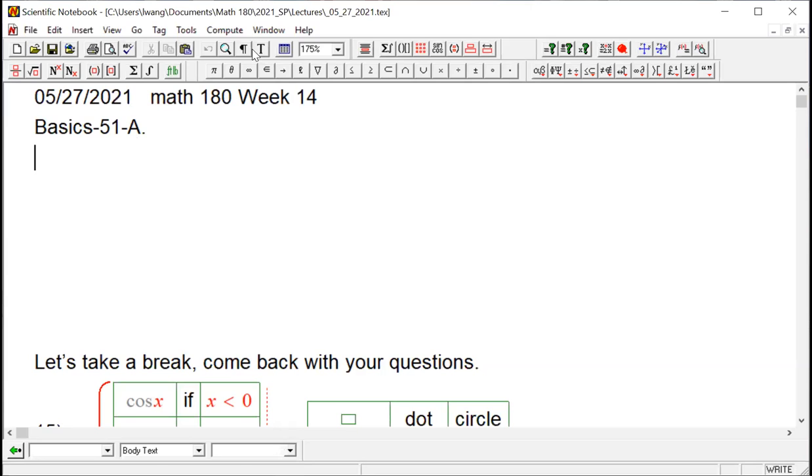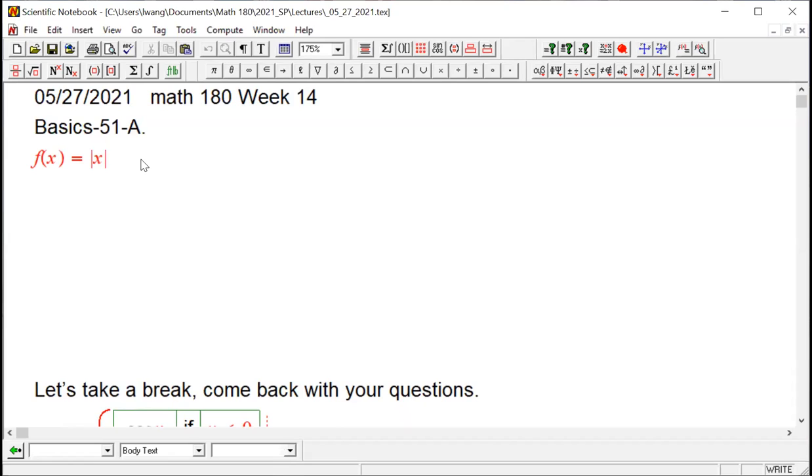As I mentioned earlier, this function, f of x equals the absolute value of x, is something that no calculus textbook can avoid. Whether you study Math 165, or Math 190, or you're taking your calculus classes in any four-year school, anywhere you go, and in any language, this is the function you cannot avoid.